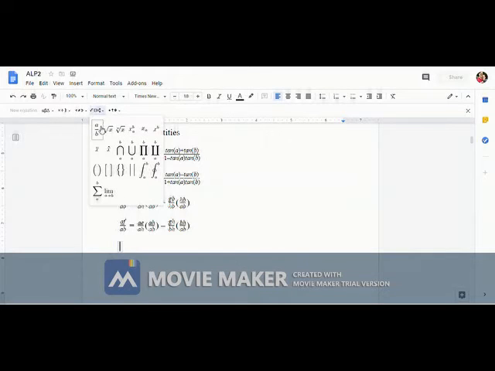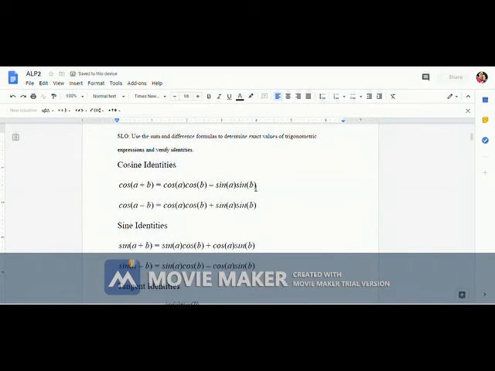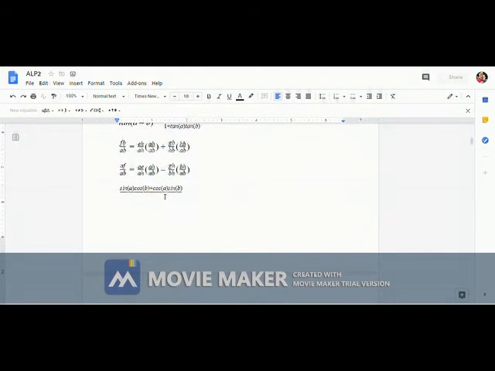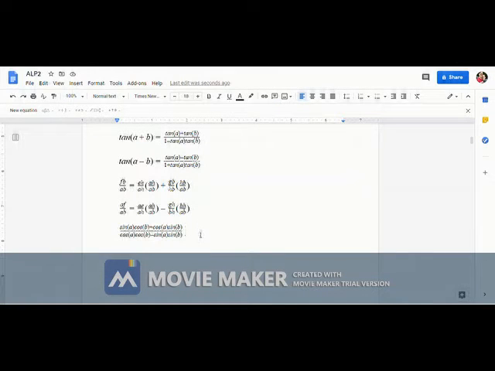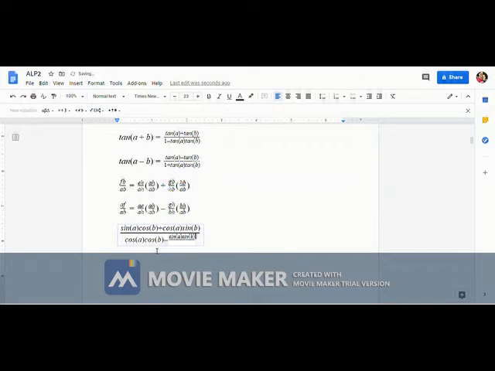Into this equation. Okay. Alright, and to do this, I'm going to make this a bit bigger so it's easier to see, because what we're going to have to do is add and subtract these numerator and denominator. So we're going to have to find a common denominator in each of them.